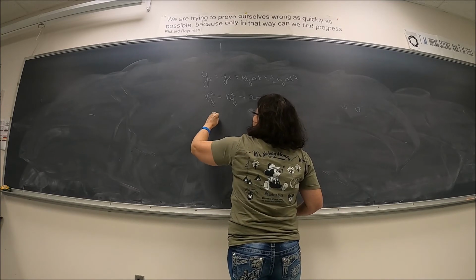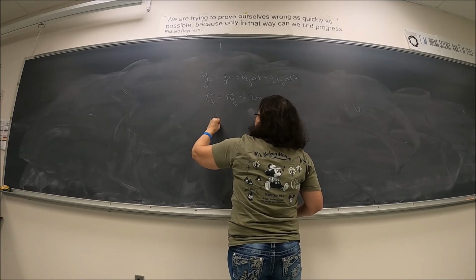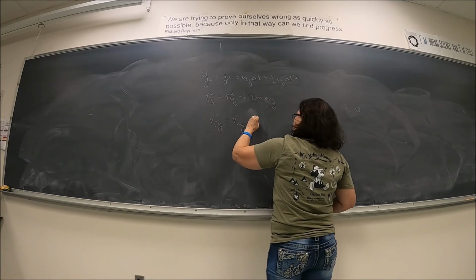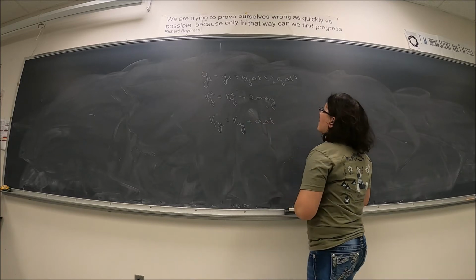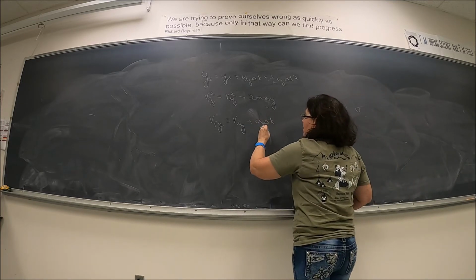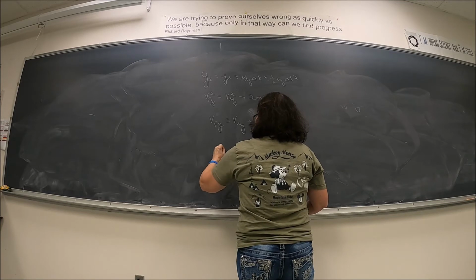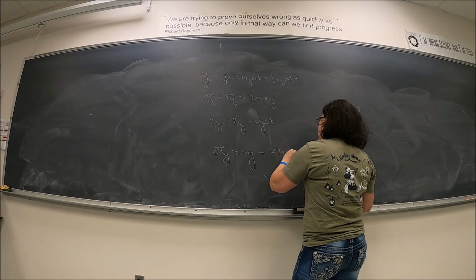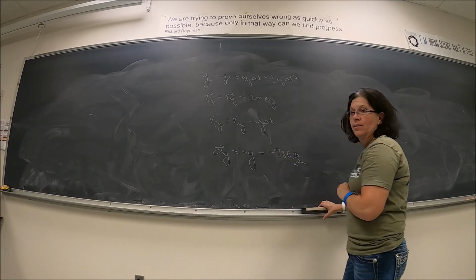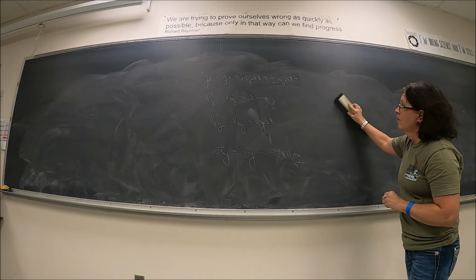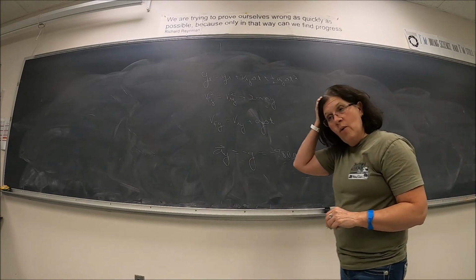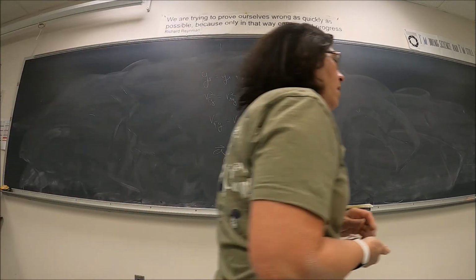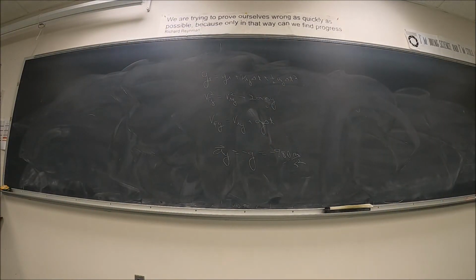And I can say v final in the y direction equals v initial in the y direction plus a y delta t. And a y is always equal to minus g, or minus 9.80 meters per second squared. Okay, so those are our equations for free fall. Now, we're going to look at a couple of free fall problems.